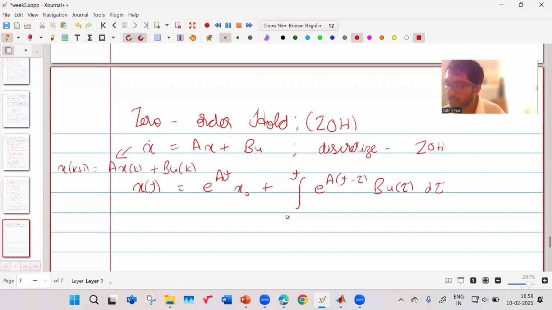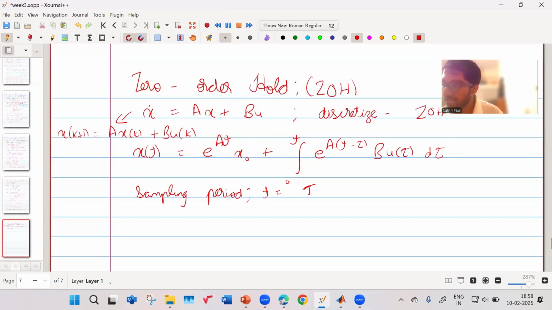So now there is a sampling period, at which rate I'm sampling, that is given by time, capital T. Okay. So now I'm going from x0 to some x value, okay, to some x of t.